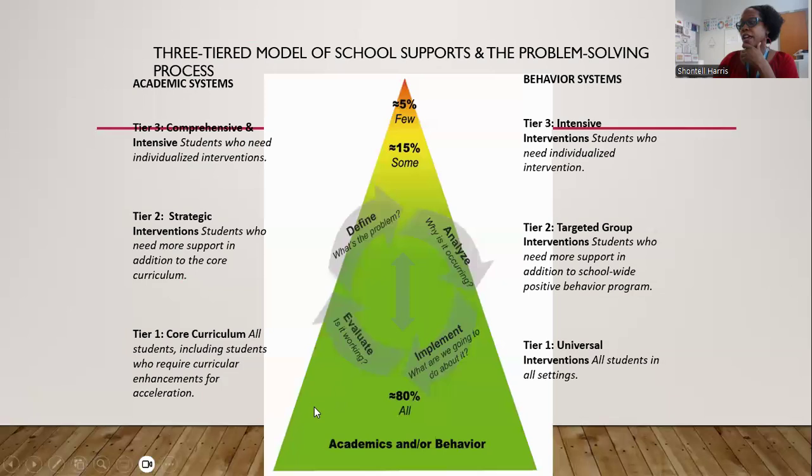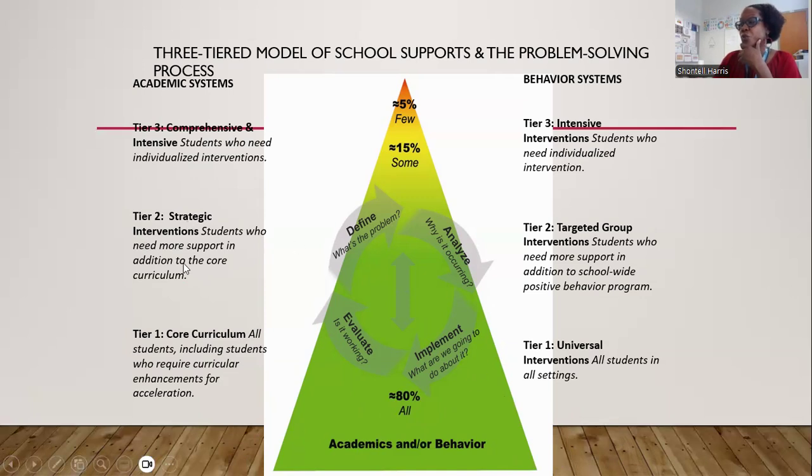All right, so this is the triangle that we use. At the bottom, 80% is tier 1. That's all the classrooms, okay? That's all your teaching, you differentiate in the classroom and things like that. Even with the behavior part, it's the incentives that they get, like the Renaissance Festival and the PBIS incentives, once a month or once a quarter when they do well as far as the PBIS stuff, okay?